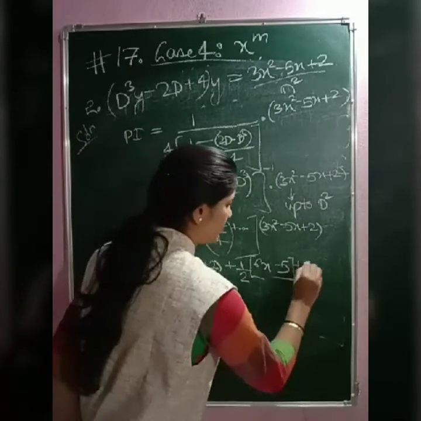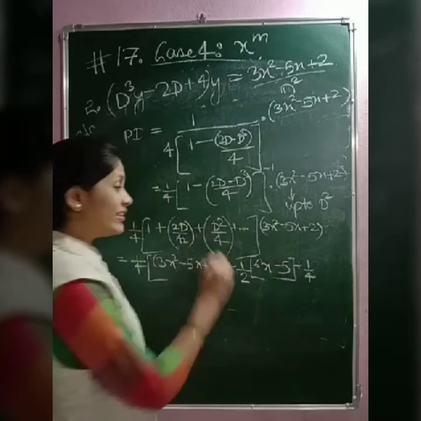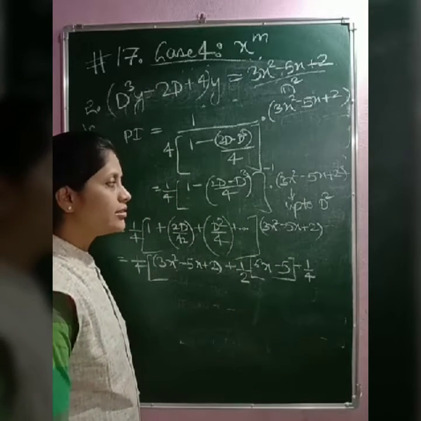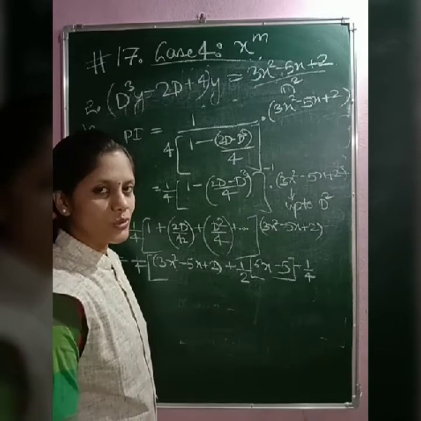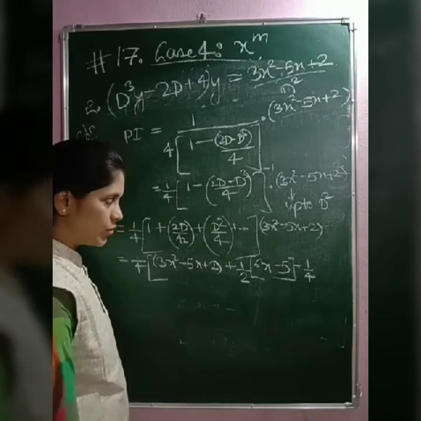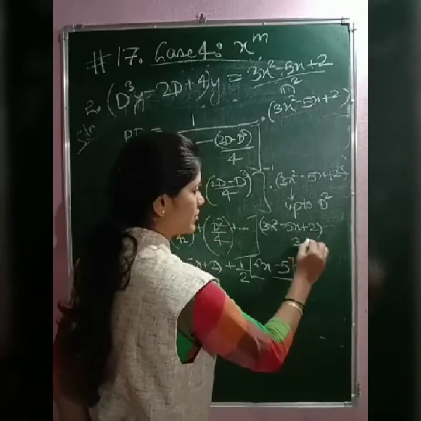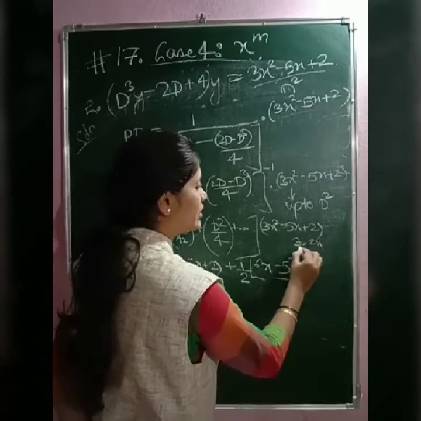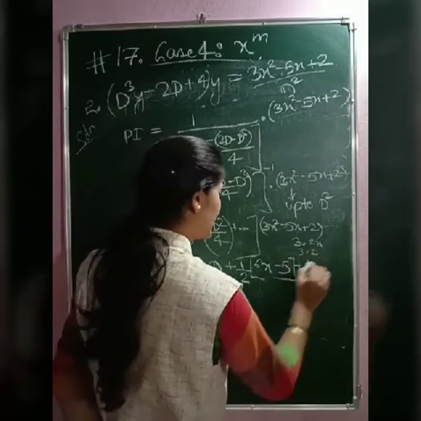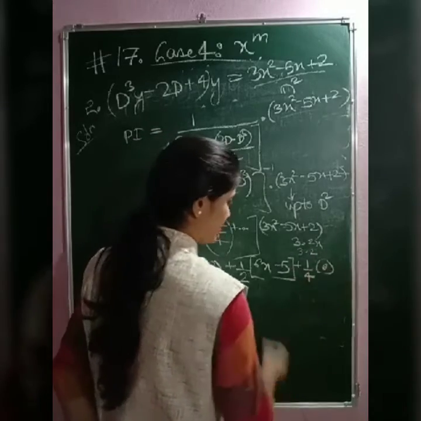Next, plus 1 by 4 as it is. What is D square of 3x square? The differentiation of x square is 2x. Again the differentiation is 2. So 3 into 2, just write 6.